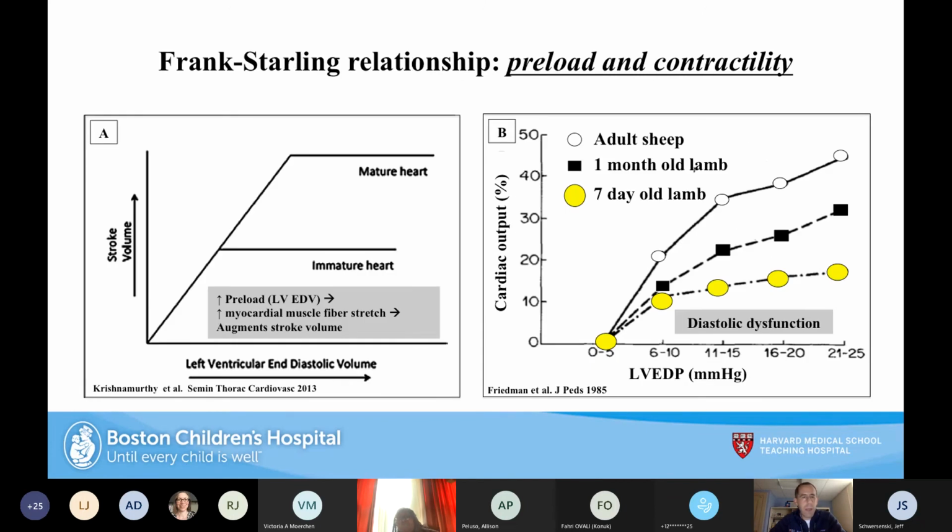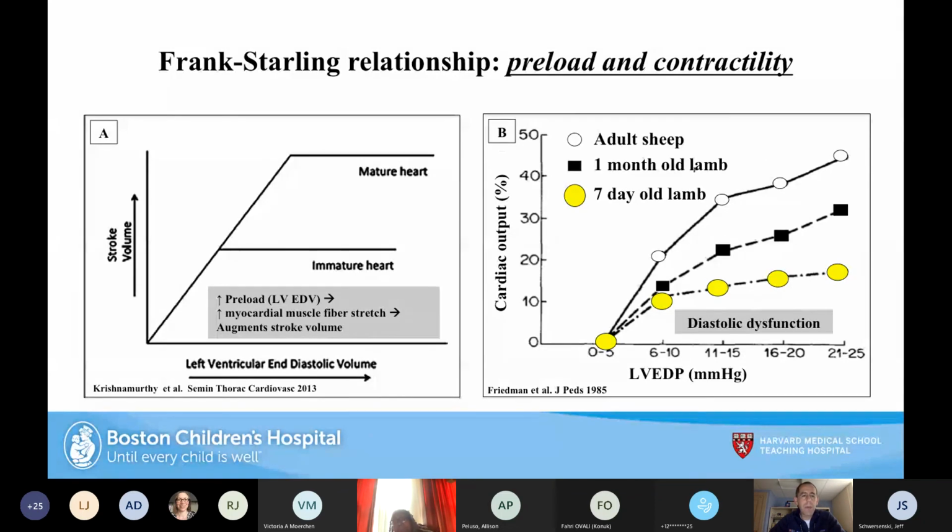Similarly, with the Frank-Starling relationship, where you have stroke volume or cardiac output on the y-axis in figure A and B, and you have preload or LV end diastolic volume on the x-axis, as you have more blood in that left atrium per se, as the preload goes up, the fibers will stretch. That will augment stroke volume and cardiac output, but the immature heart will meet its limit.